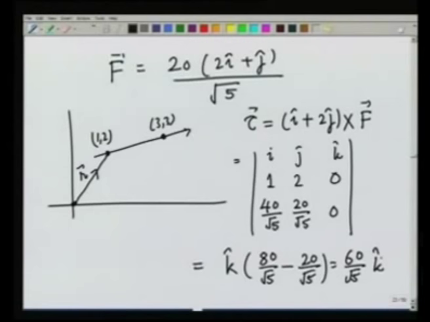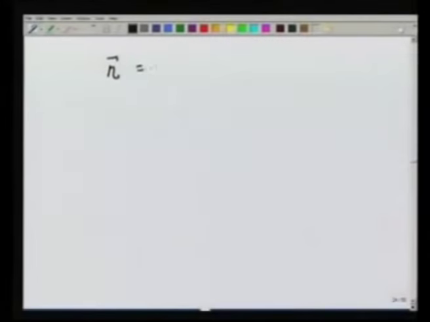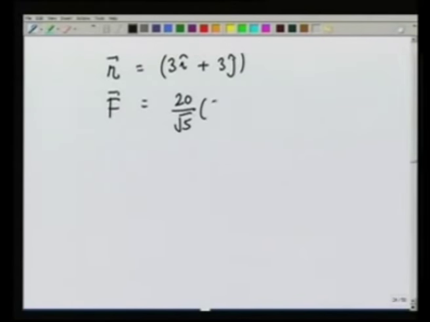That is the torque. What will the torque be if I take R instead to be the vector from the origin to (3, 3)? Let us calculate that. That vector is going to be 3i plus 3j. Force of course is 20 over root 5 (2i plus j) newtons.